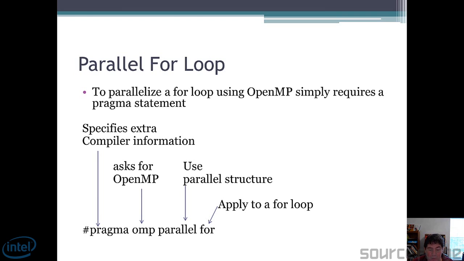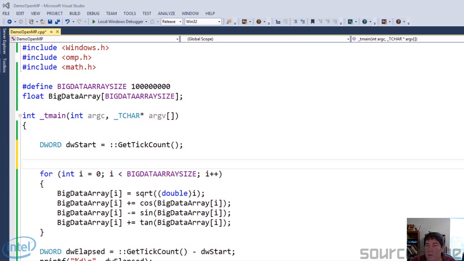It's that simple. So let's take a look at the performance improvements once the rubber hits the road, once we add the OMP pragma statement. Pragma, OMP, parallel for.